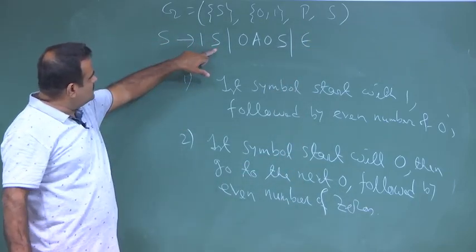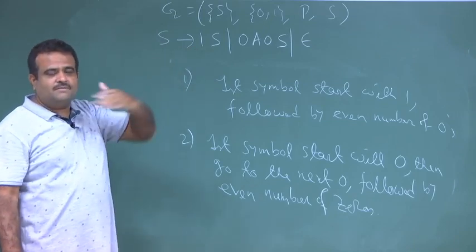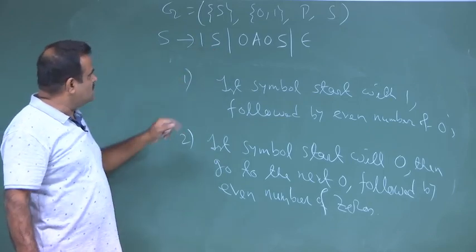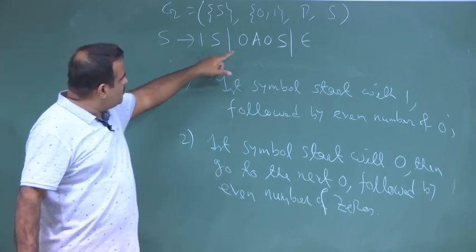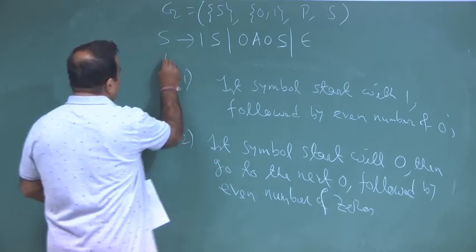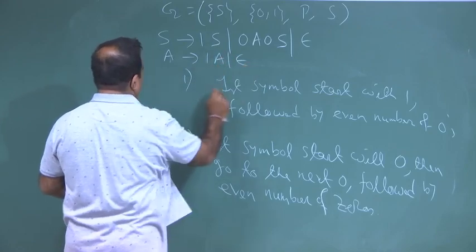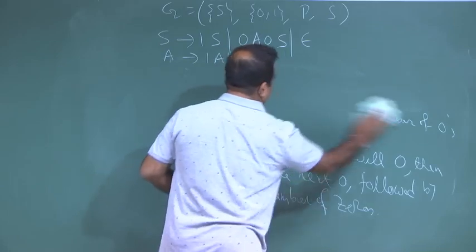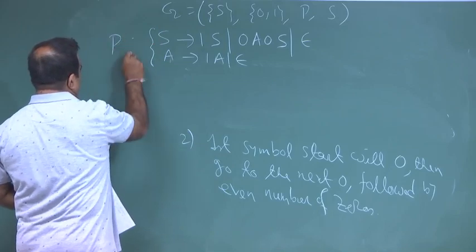This is the first case, because S should generate an even number of zeros. If we start with 1, then S still has to generate an even number of zeros. Now if we have a 0, then we have to go for the next 0. So A goes to 1 A or epsilon.